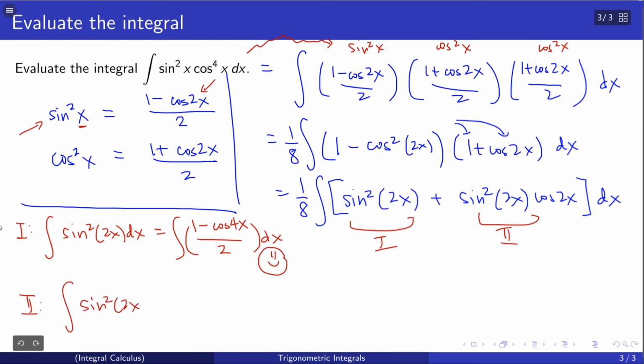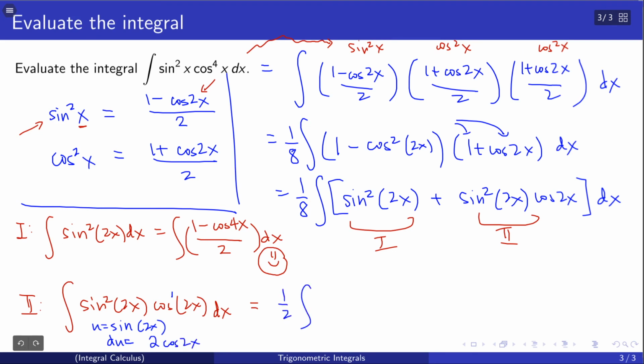Sine squared of 2x times cosine of 2x dx. Well, now we can make a substitution. Cosine has the odd power. It's cosine to the first power, which means we make the opposite term, according to our substitution rule, u equals sine 2x, giving you du equals 2 cos 2x.